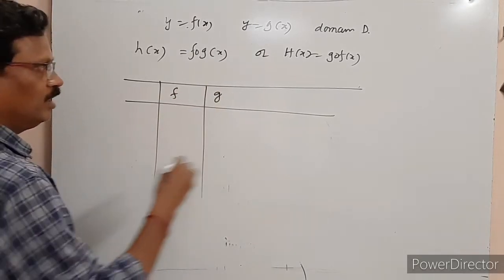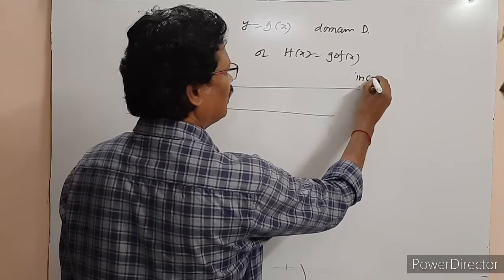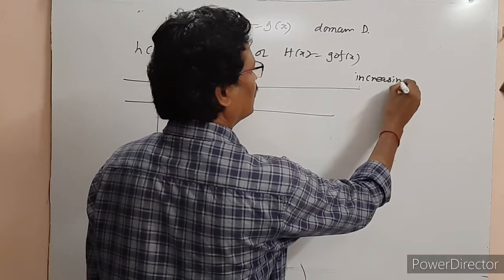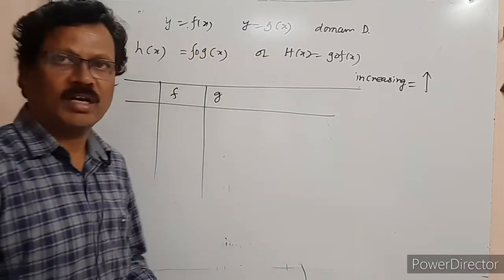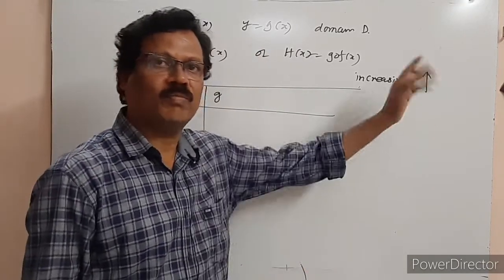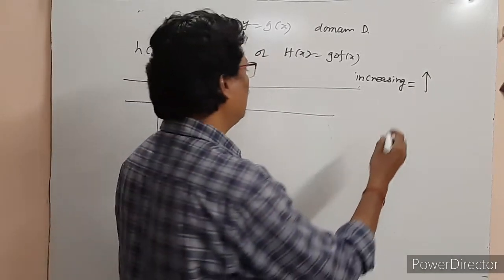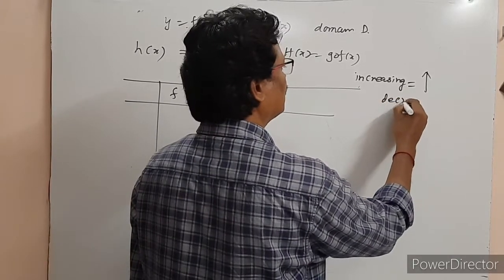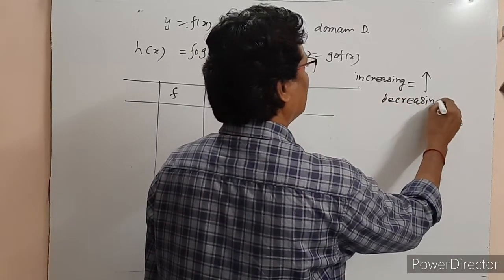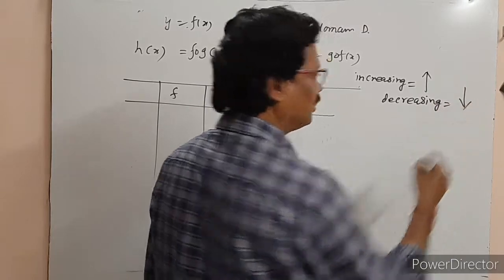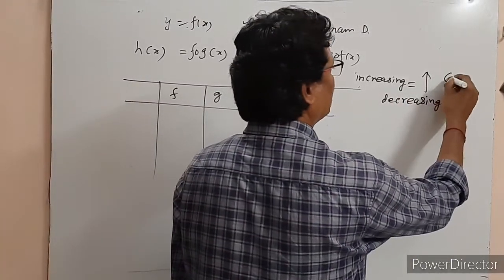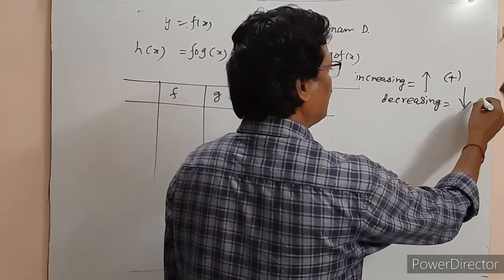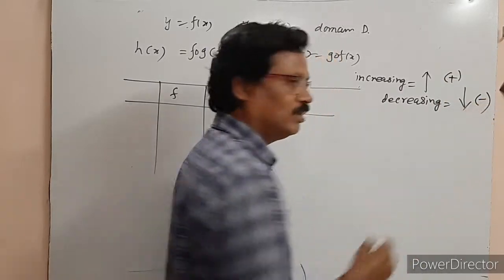Now for increasing I am taking the symbol like this. Increasing, this symbol I am using. The graph from left to right moving upward is increasing. And the decreasing symbol I am taking like this. Sometimes for increasing we can take the plus sign, and for decreasing the minus sign. Why?